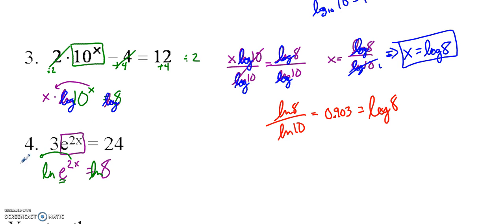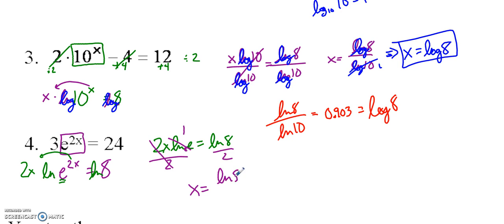So then I pull my exponent out front. And because natural log is base e, and it's of e, this equals 1. So it's really just 2x equals natural log 8. Divide by 2. x equals natural log 8 over 2.